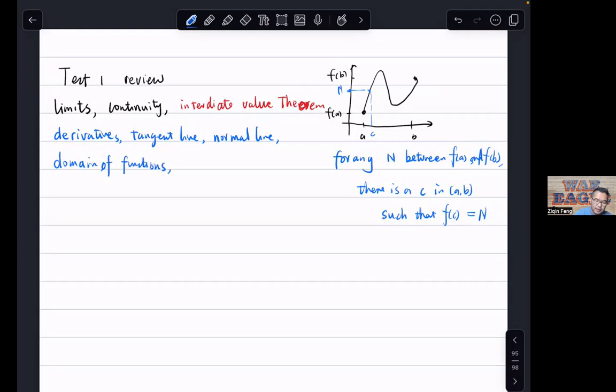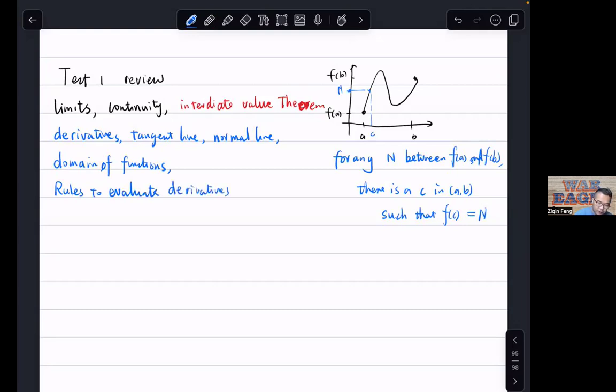And lastly, right, very importantly, one of the big topics is the rules to evaluate derivatives, right?